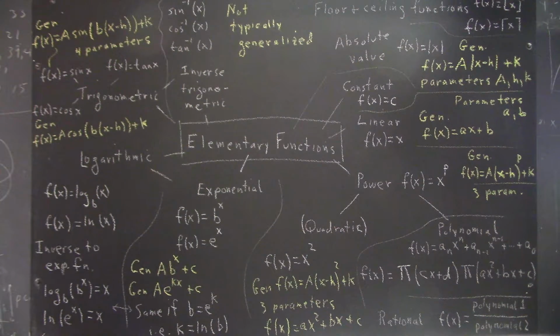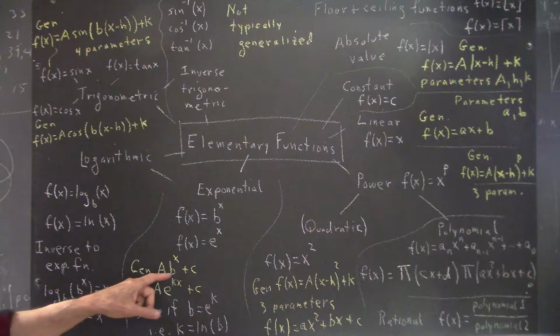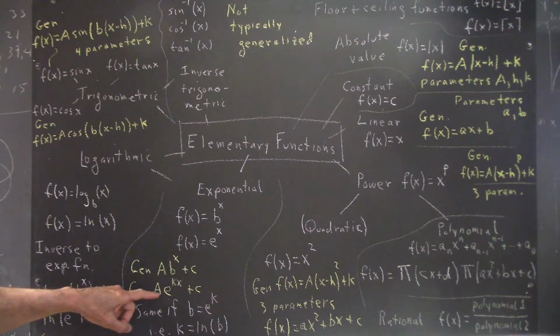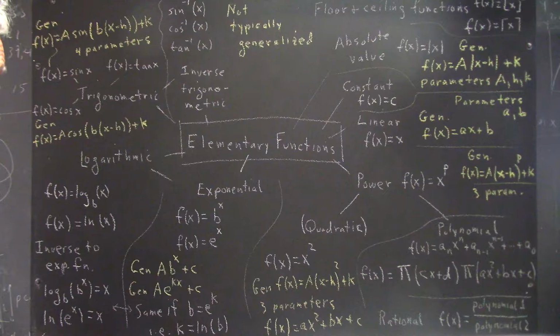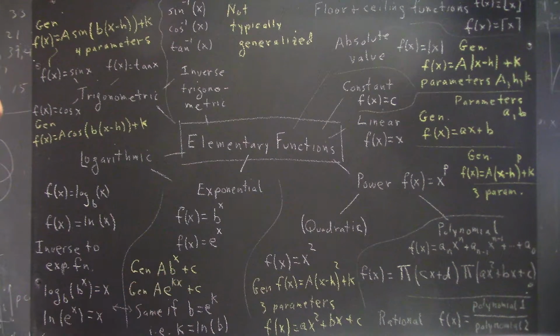With an exponential function, we can generalize the exponential function using parameters a, b, and c, where b is regarded as a parameter, and we can create any exponential function in this form, or we can generalize it using this special number e as a e to the kx plus c, where k now is not a vertical shift, but it's a different kind of number.